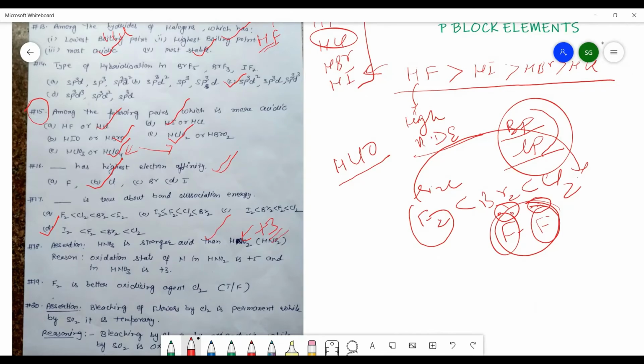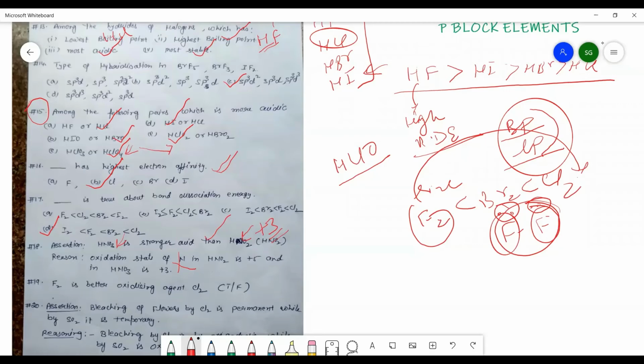So HNO3 is a stronger acid because it has more oxygen atoms and more charge dispersion. Now, what is the reason? Oxidation state of nitrogen in HNO2 is +5. We have already calculated that, so this is a wrong statement. So we can say the assertion is true, but the reason is wrong.